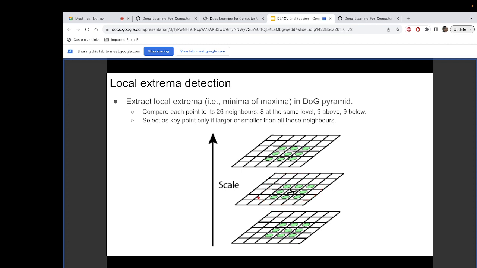So you'll keep on moving, and you'll basically try to see for each of these pixels whether there is an interest point here. This is just an example of whether the cross marked pixel is an interest point or not. In the next step, you will see whether the next one is an interest point or not. So you will just have a stride and you will move across the entire image.